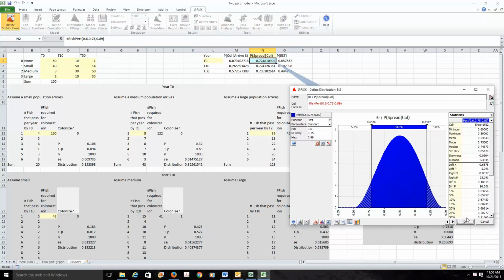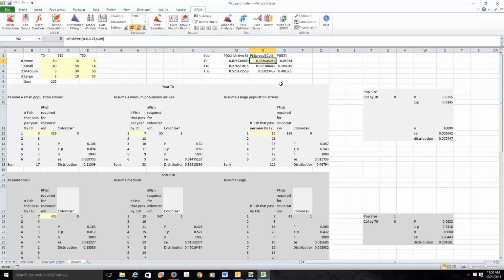So you see here, this number includes the existence of the pathway, the arrival of a population, the passage of fish through the system, and colonization. So it has those same four elements that we had in the qualitative risk assessment.